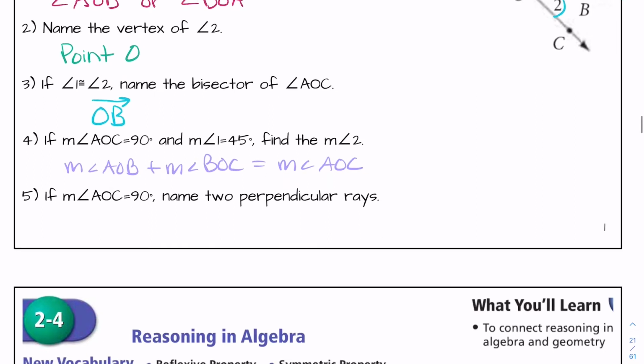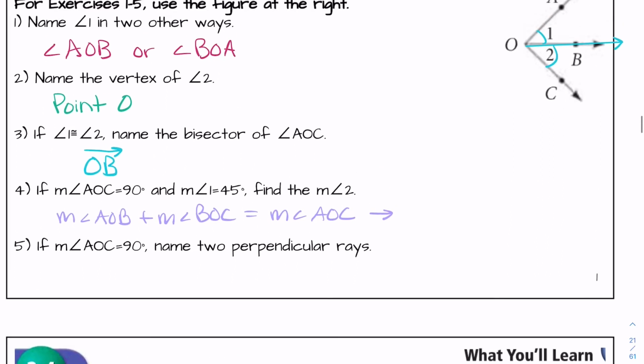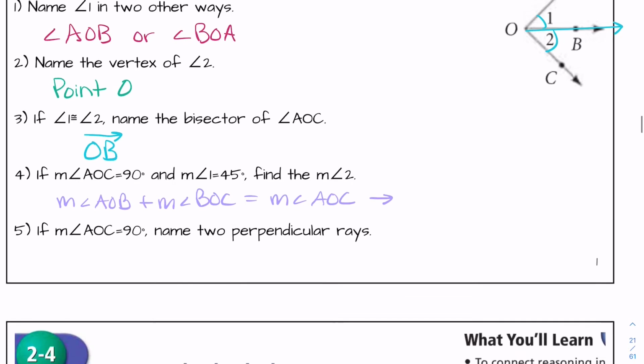So therefore, if I use substitution, I'm going to say the measure of angle 1, which is AOB.